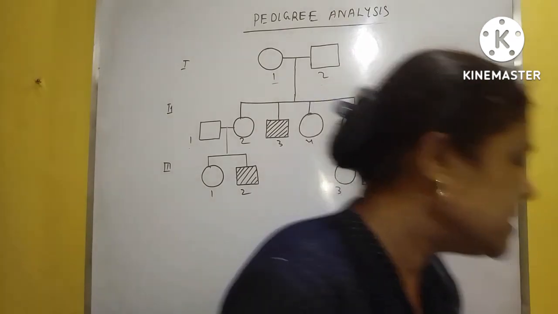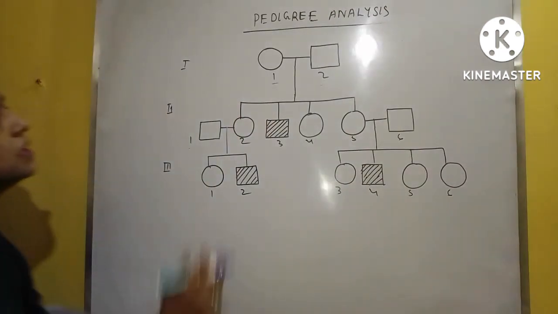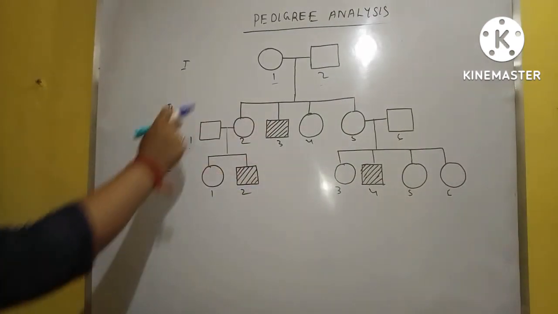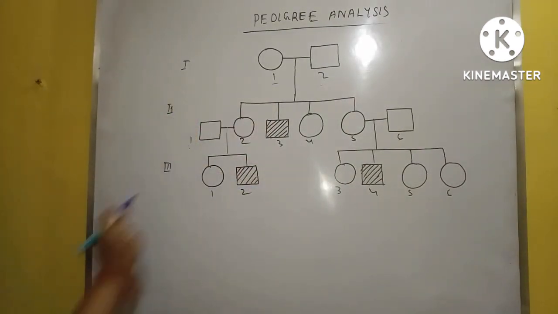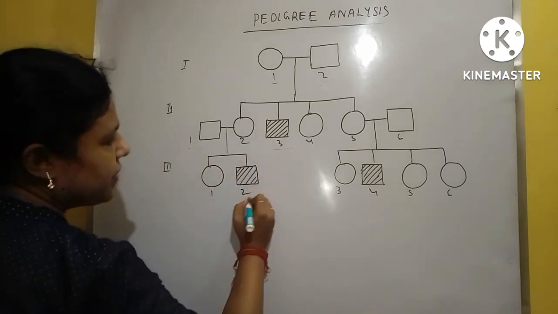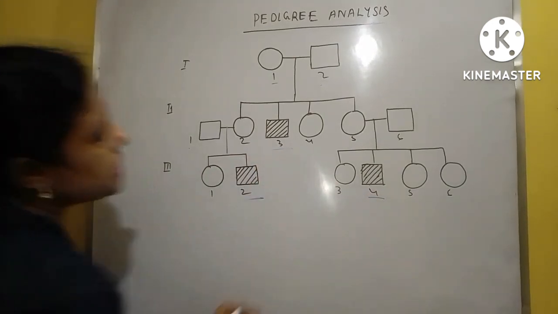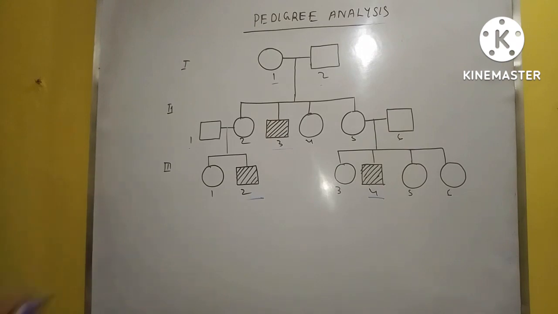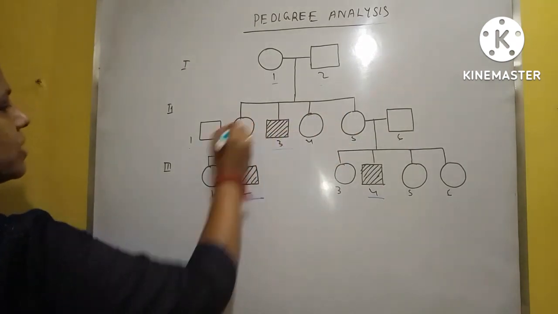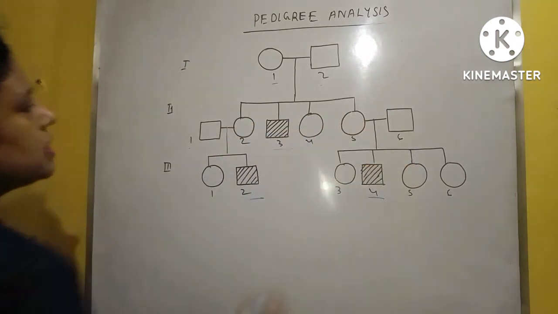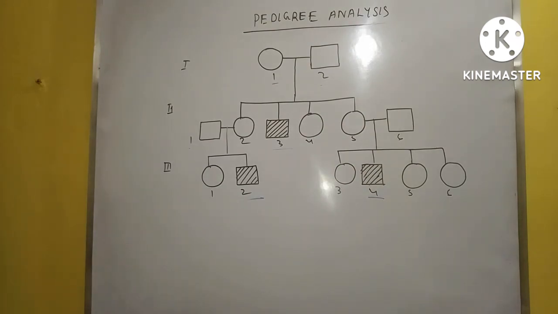You can see here in the second generation and the third generation, the males are affected. Clear? The males are affected, but the females are not affected. But this alone is not the important point by which we can say it is sex-linked.